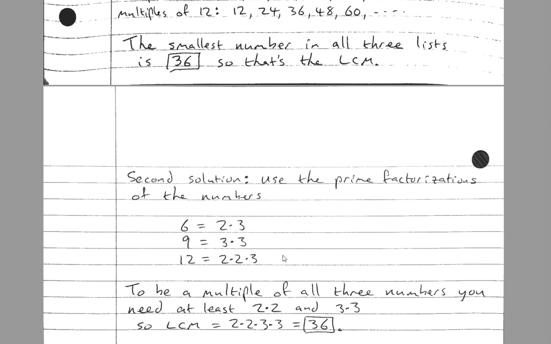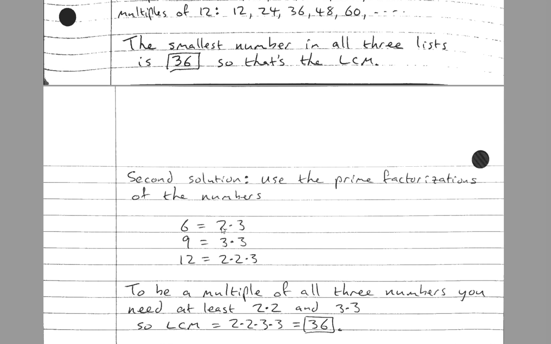Okay, so why is this helpful if you're looking for least common multiples? Well, you can look at each prime here. To be a multiple of all three numbers, you need enough factors.